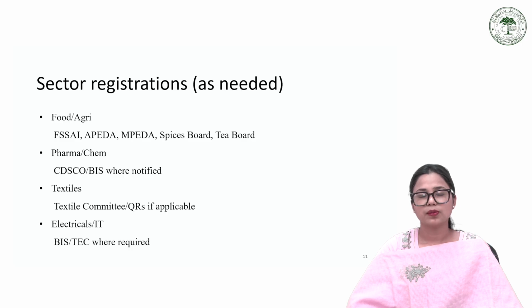Then we have the pharma or chemical sector. The additional certifications required here can be CDSCO or BIS, but they should be notified separately and clearly in the importer's code of conduct. The next sector is the textile sector. At any point in the procedure, the Textiles Committee might give some recommendation, or some certification from the Textiles Committee might be necessary to furnish.